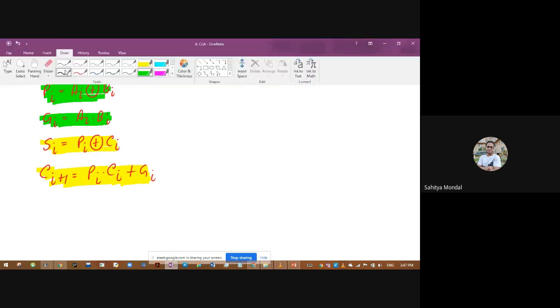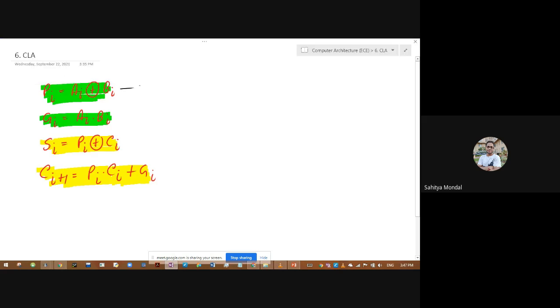If I give them names, this is equation 1, this is equation 2, this is equation 3 and this is equation 4. So the first 2 will help you generate the result, and this result will be used for the other 2 expressions.